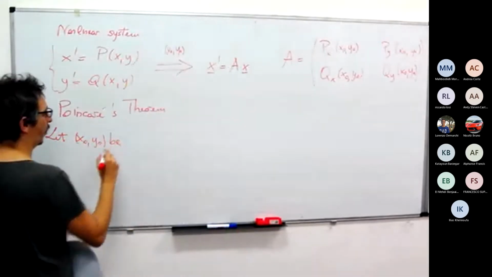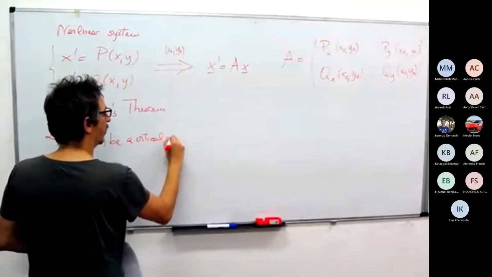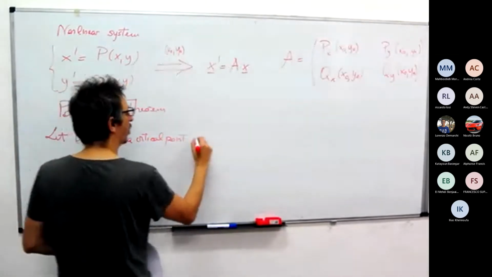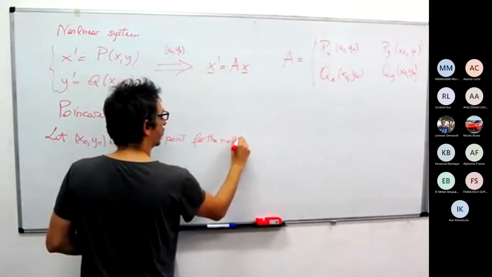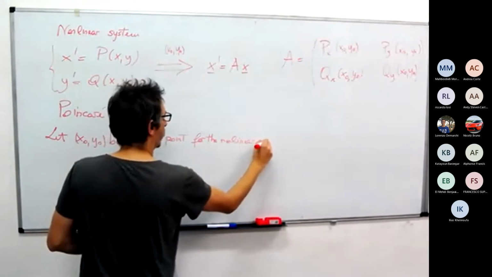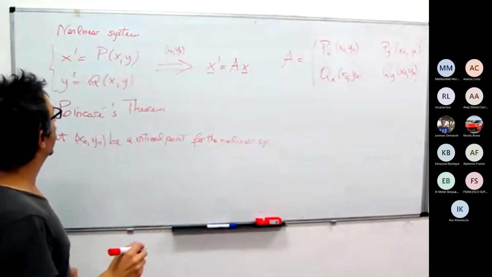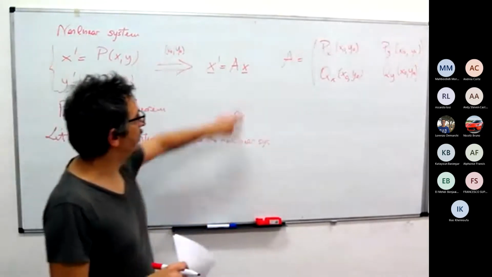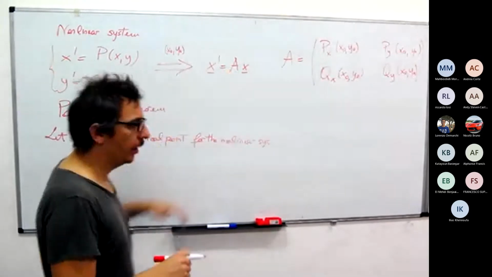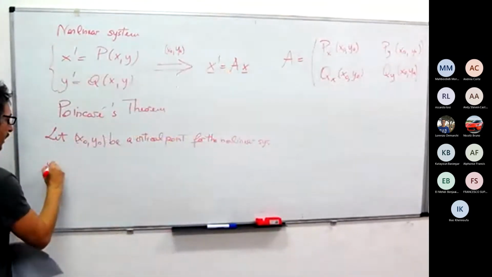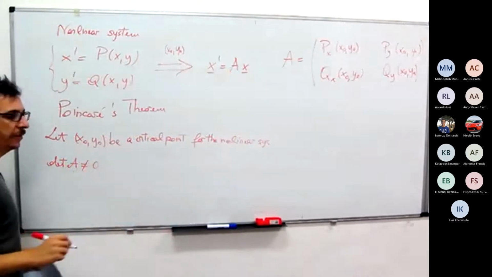Let X naught Y naught be a critical point for the nonlinear system, and suppose that this Jacobian, this matrix A, is not singular, so that the determinant of A is different from 0.